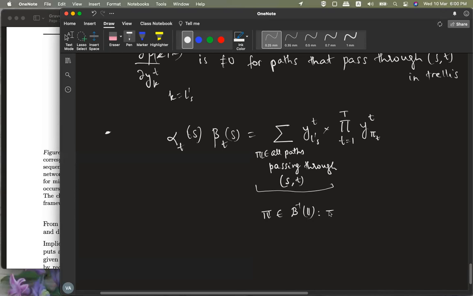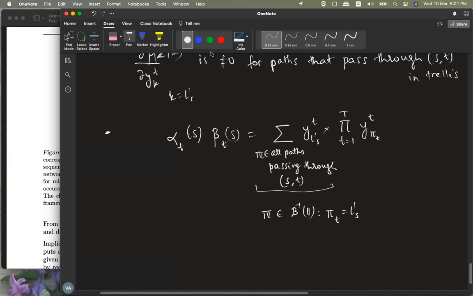This means my pi at t is equal to L dash s. My pi t is L dash s. Just a mathematical way of writing this thing. I think you understand it intuitively. What is the meaning of this statement?